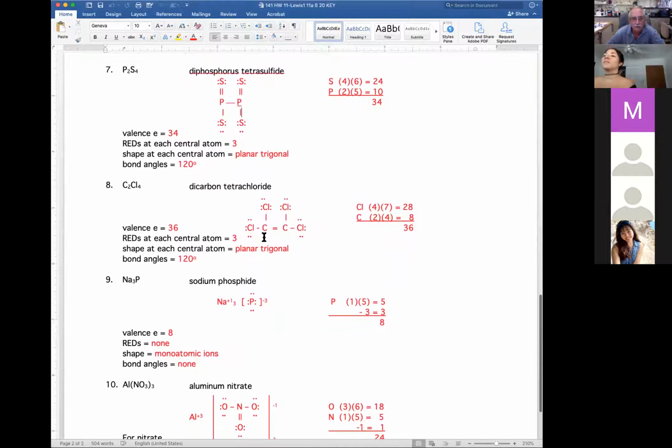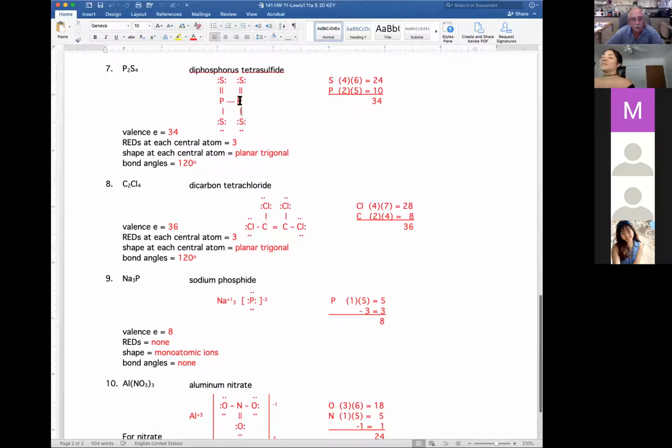So diphosphorus tetrasulfide. So now I have 2 central atoms, and they're the same. So at each phosphorus, there's going to be 3 reasons of electron density. So the bond angles here, it's going to be about 120 degrees, right?